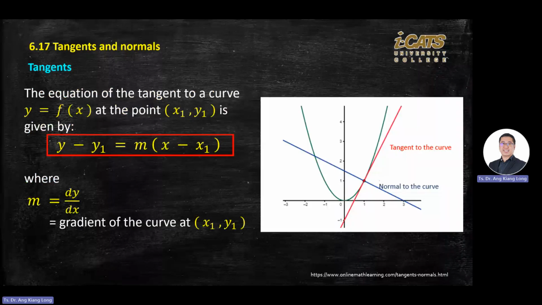You still remember m1 multiply m2 equal to -1? Yes. So this is for tangent.